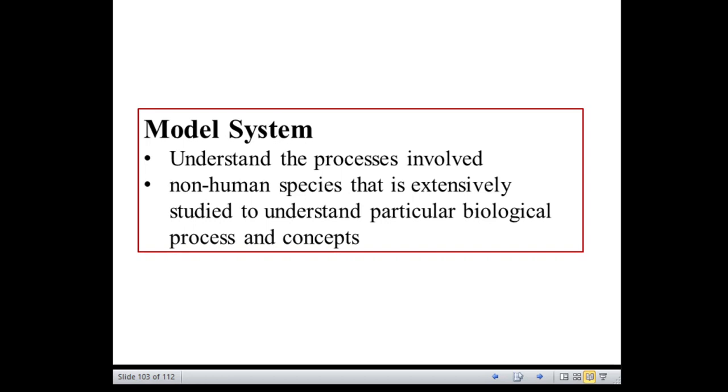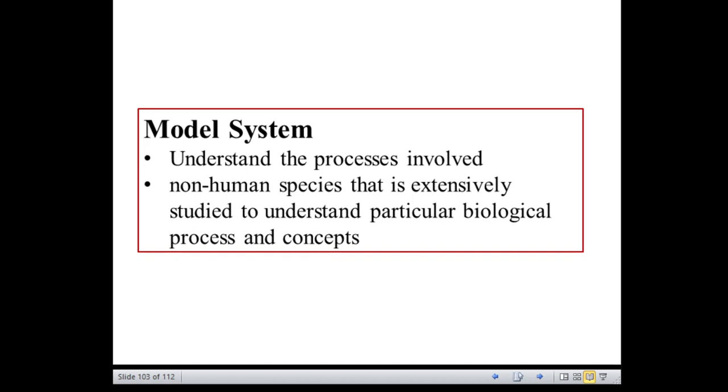Now, when we say an organism as a model organism, it is a non-human species which we use extensively to understand the process and concepts. That means a very specific process and concepts of biological system, right?